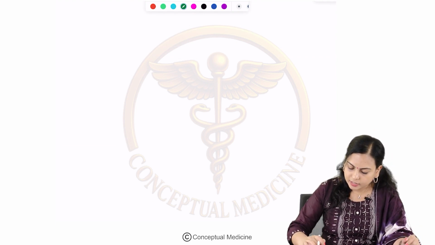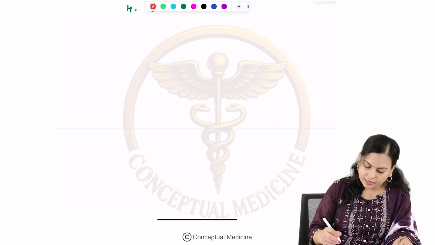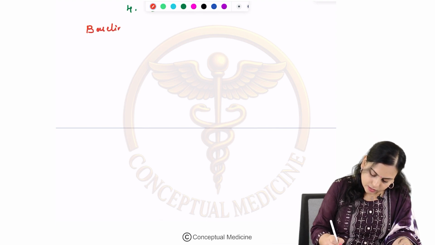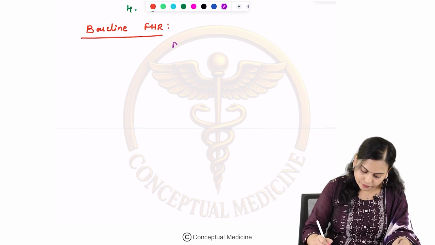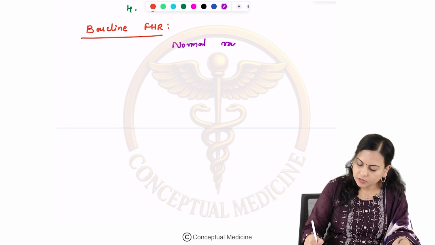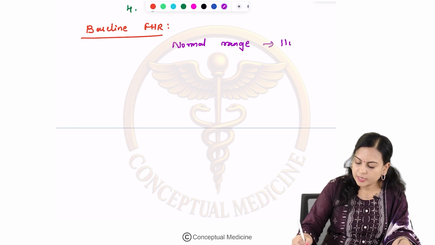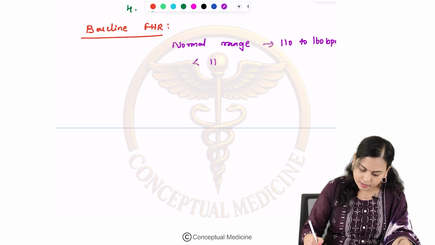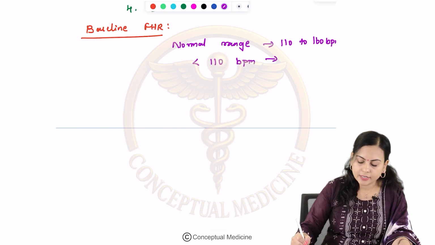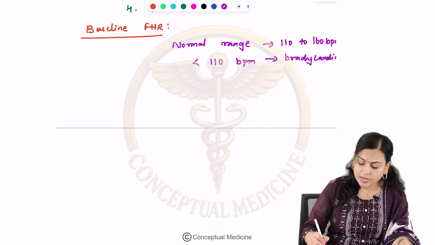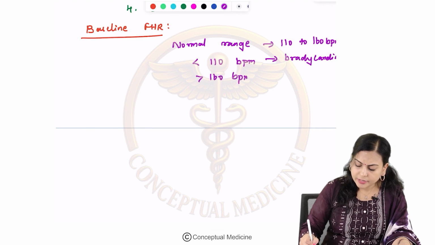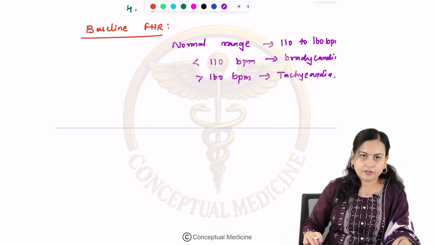First, baseline fetal heart rate. The normal range is between 110 to 160 beats per minute. When it is less than 110 beats per minute, it is a fetal bradycardia, and when it is more than 160 beats per minute, it is a fetal tachycardia, right?